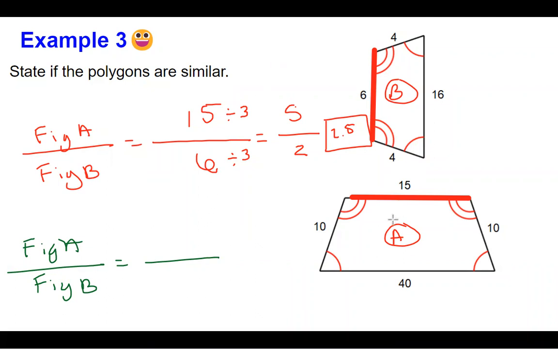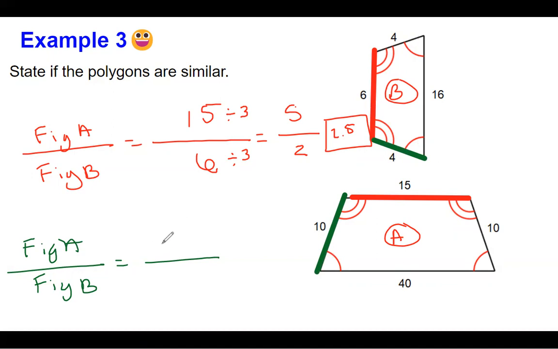Which one do you want to start with? You can choose whichever one you want. For example, you can start with your bottom one or your sides. 10. Okay, so 10 has to correspond to what side of your second figure? 4. Okay, so let's create our ratio.